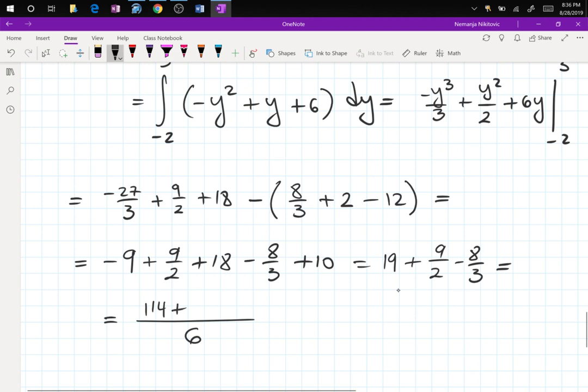Plus 9 times 3 is 27 minus 16, right? Let's say it's good enough. So 114 minus 11 divided by 6 to give us 103 divided by 6. It's not even, so it can't be simplified. There you go.